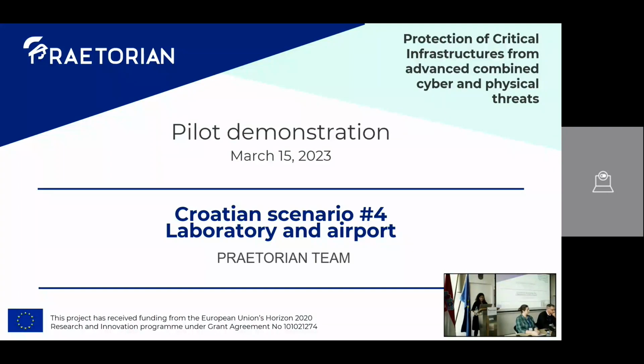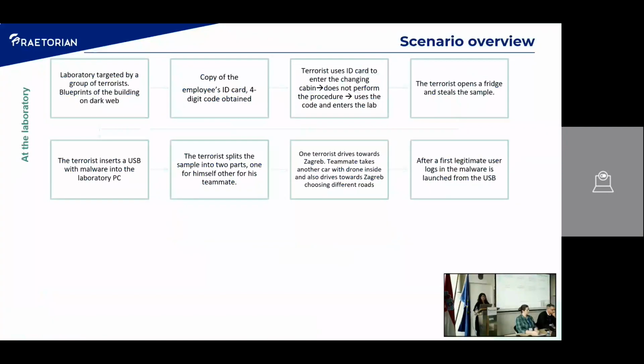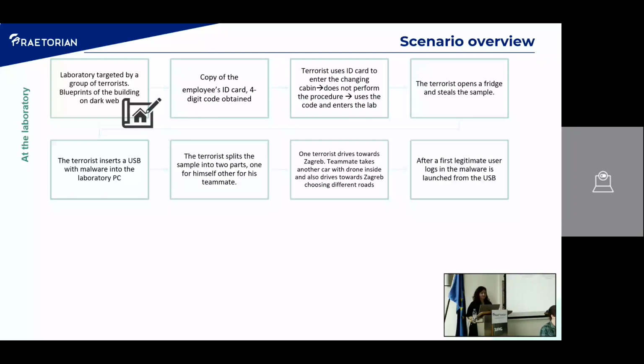Just to give you a short overview of the scenario. This scenario was developed inside the project with collaboration of all the partners, so the laboratory, the airport, people who were developing the tools. It starts at the laboratory. The laboratory is targeted by a group of terrorists and they have blueprints of the laboratory building.